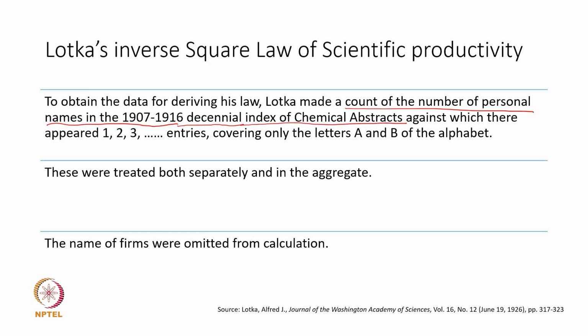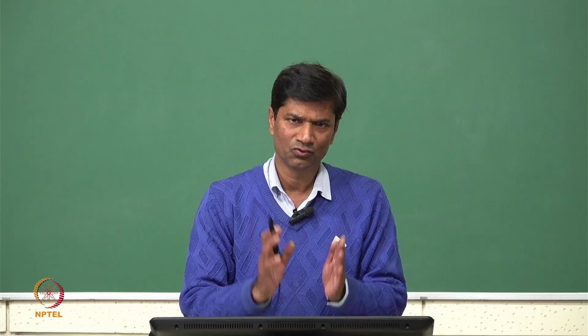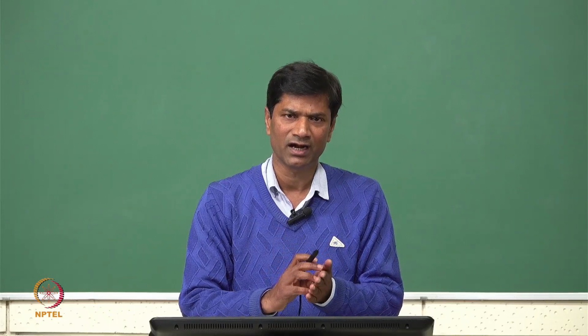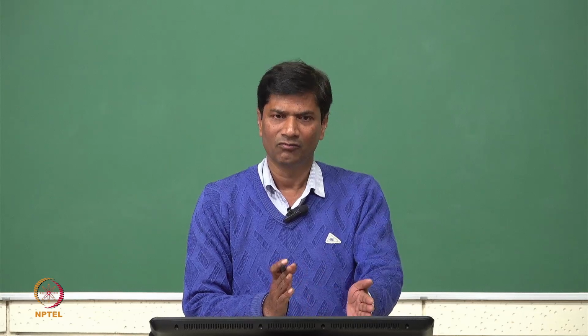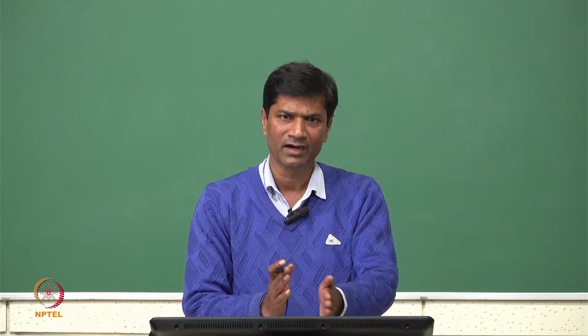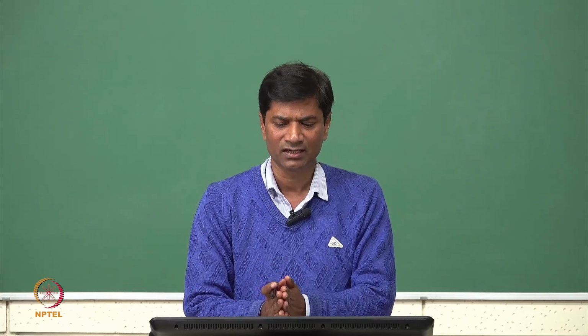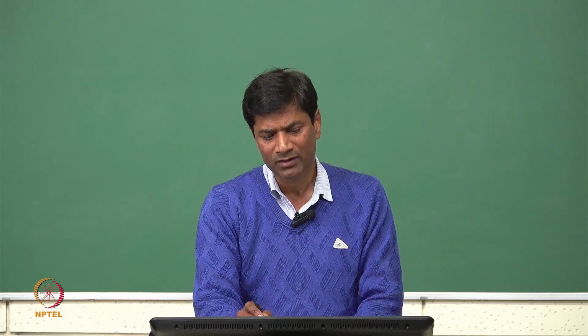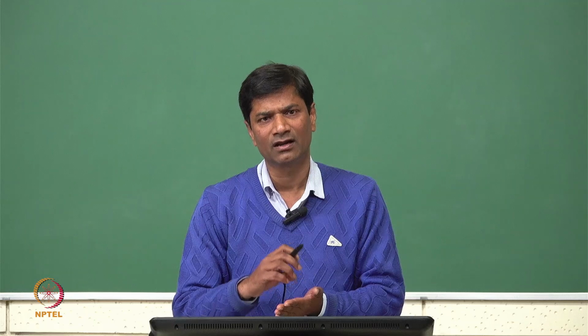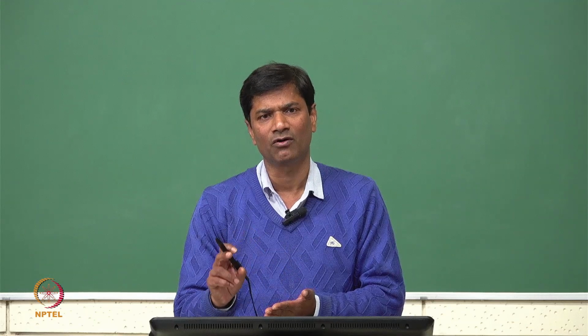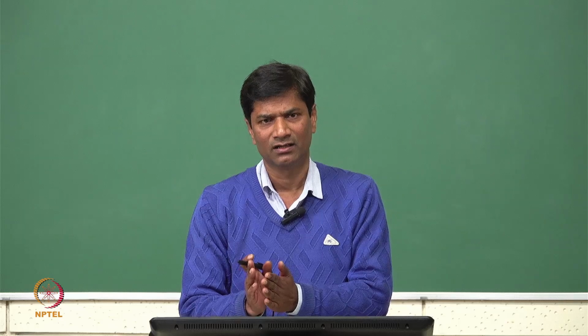What did Lotka do? Lotka took the decennial, that means 10-year, index of Chemical Abstracts of 1907 to 1916. He took the letters A and B of that particular index, and he counted the number of publications.